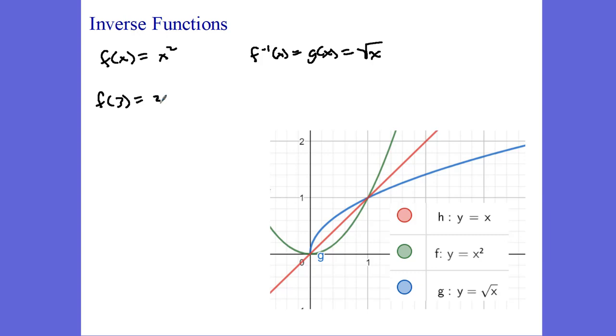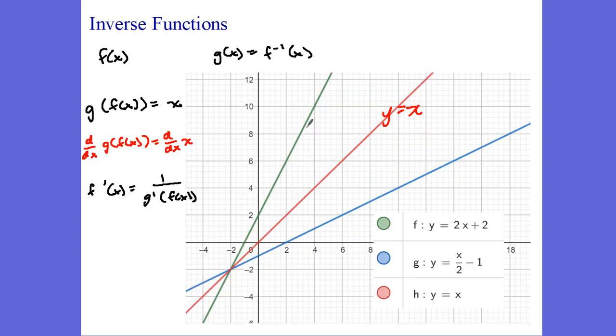What's f of 3? That's 3 squared, which equals 9. Looking at the graph, at 2 the green one gives you 6, so at 6 we're going to be at 2.